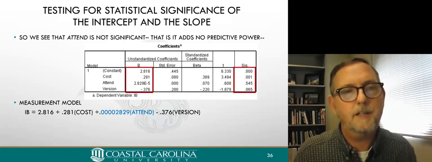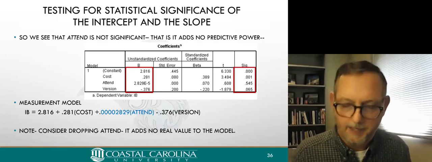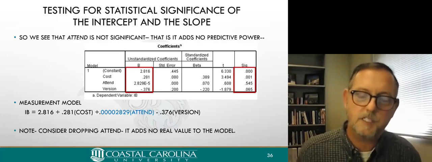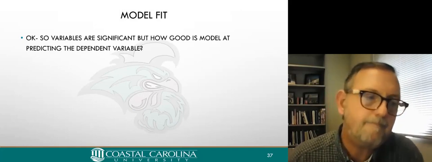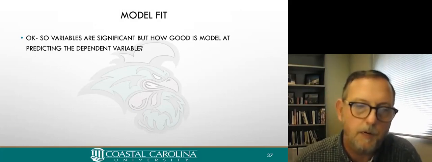It doesn't hurt to keep it in there, except that you typically want to keep models as small as possible if you can. So that's where we are with that.